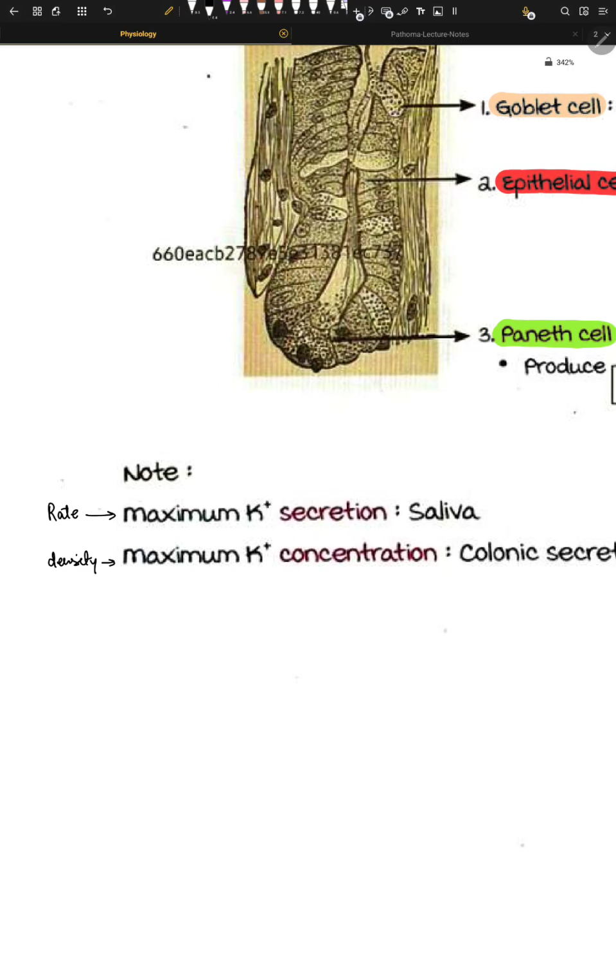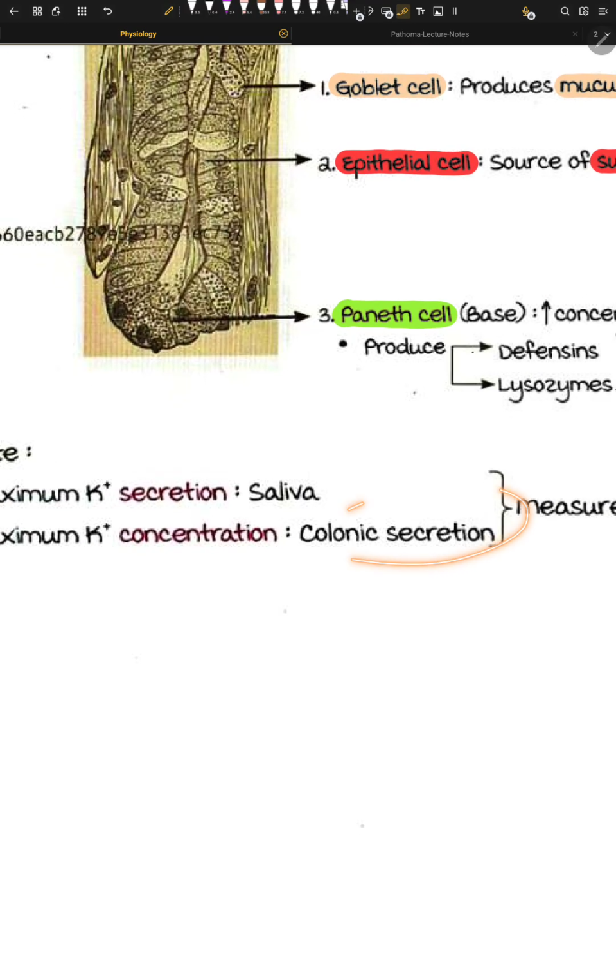So the meaning here is that in saliva, when we say potassium secretion is happening, we mean that epithelial cells are actively moving potassium from the blood, from the plasma, into the lumen of the acinar cells. So saliva and gastric juice are really high in potassium. When I say maximum K secretion, I mean that salivary glands have a very active K secreting mechanism, right?